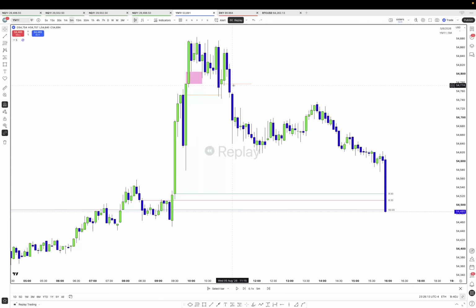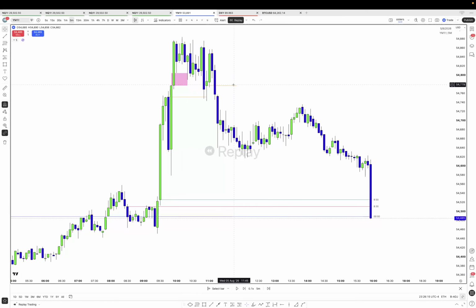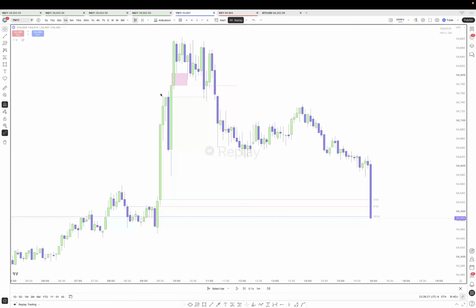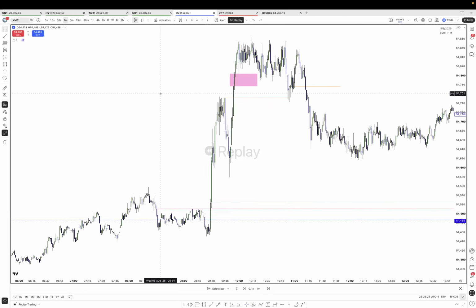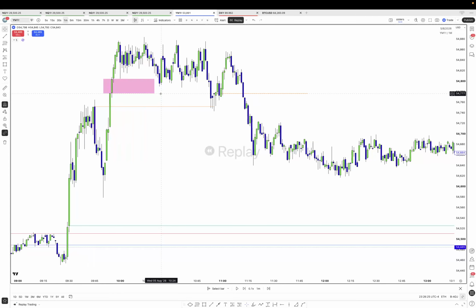I'm more comfortable shorting than longing because I'm above midnight. I'm above 8:30 and 9:30. You see this high? It's very ugly.